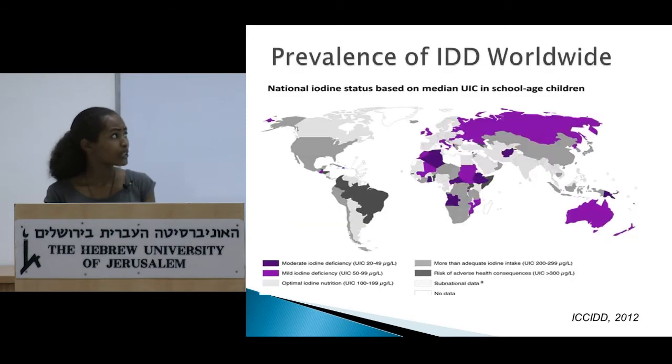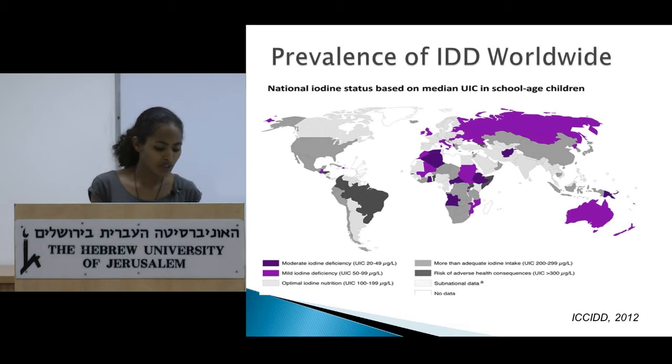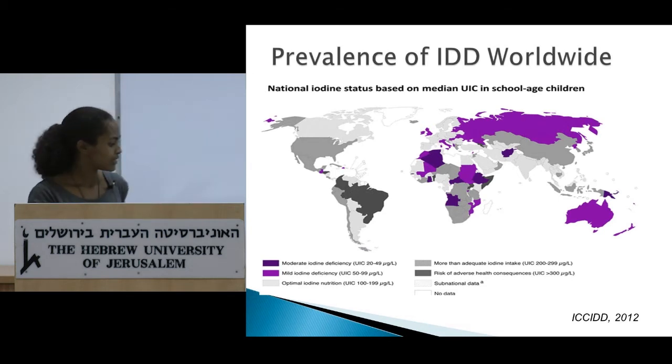When we take a look at what it looks like worldwide, this map shows national iodine status based on median urinary iodine concentration in school-age children in 2011.